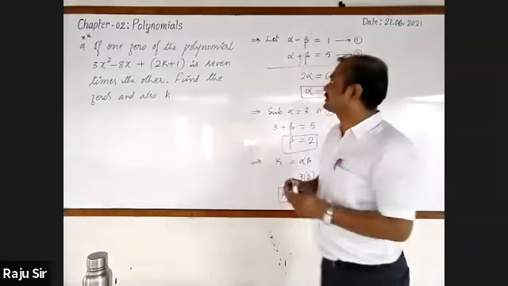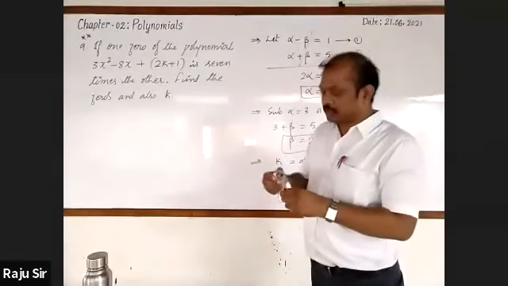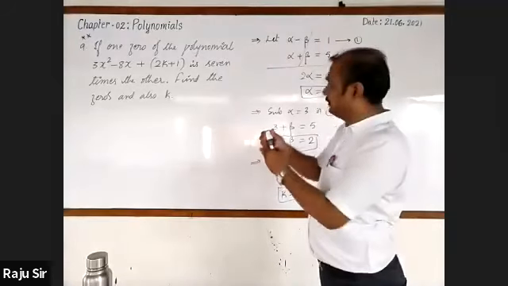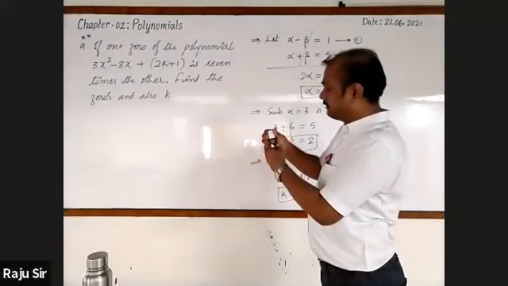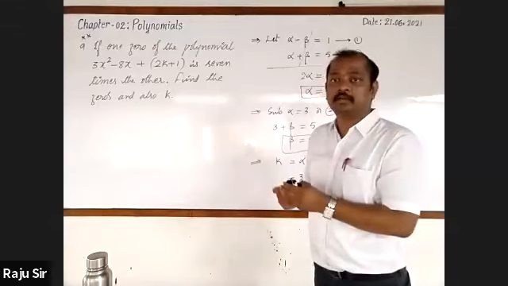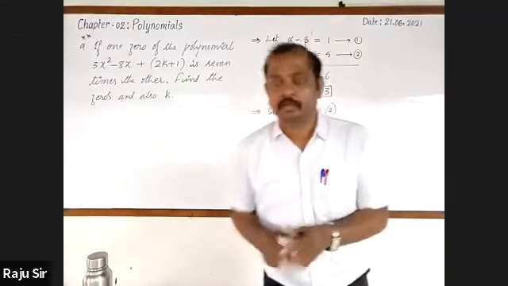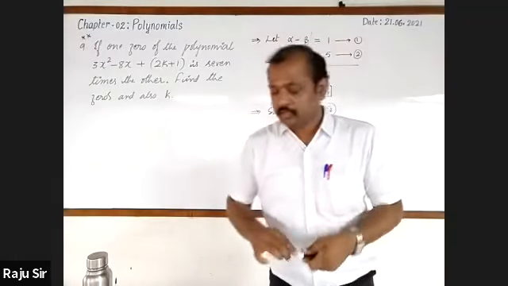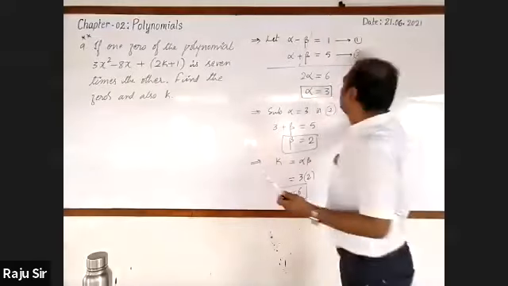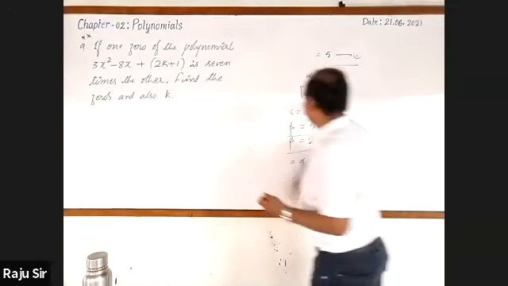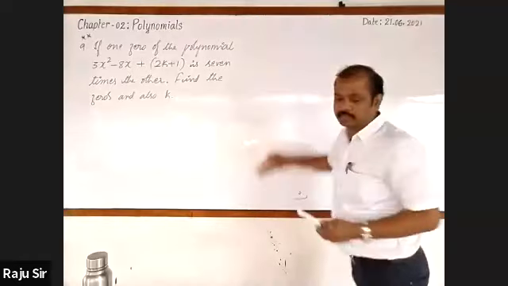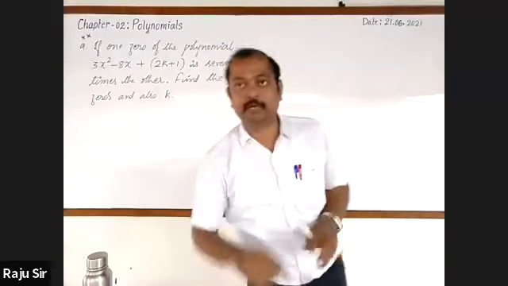Once you go through the statement, one zero of the given polynomial is 7 times the other. Here they have not given the particular zeros. So assume them as alpha and beta.